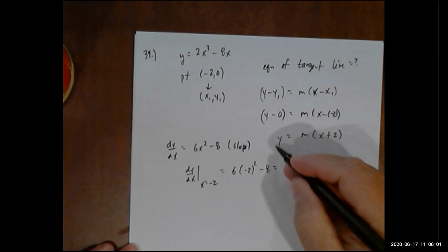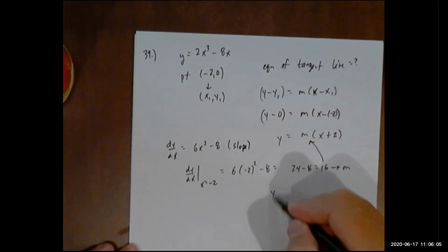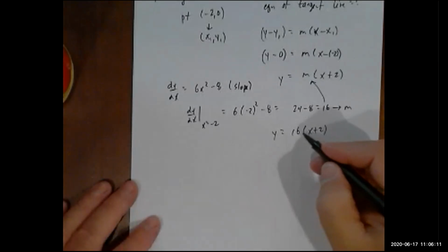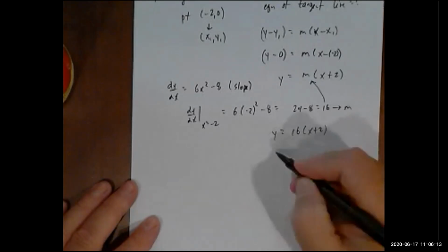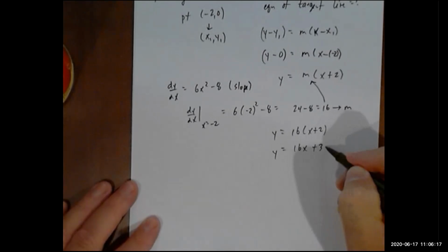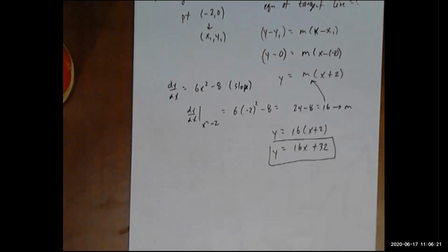So my slope is 16, so I plug this into here. Now I don't know, maybe you can enter it in MyMathLab like this, but normally I go ahead and multiply it out, and that should be the equation of the tangent line.